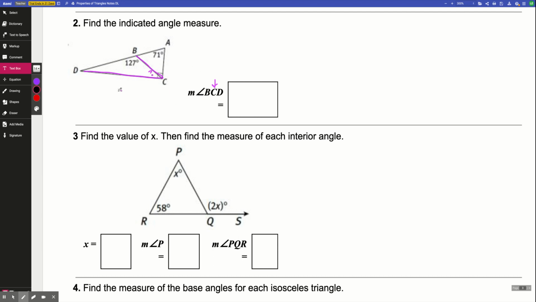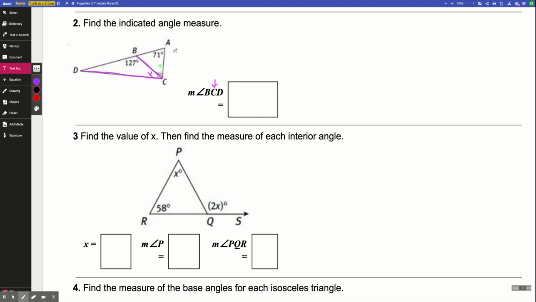Okay, so I have some information that's going to help us. I'm actually going to call this X, because that's really what I'm looking for. I have a couple of pieces of information that are going to help me here, but I'm going to have to go an extra step in this one. The first thing I'm going to do is I have this exterior angle, 127.